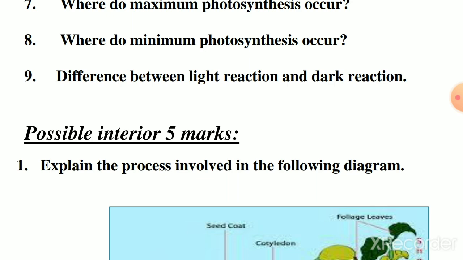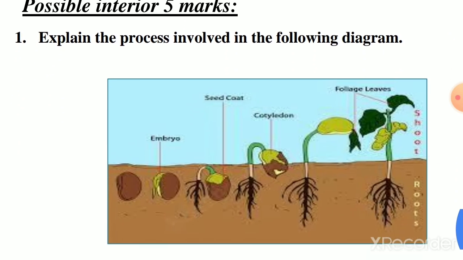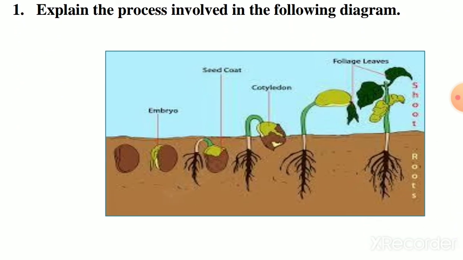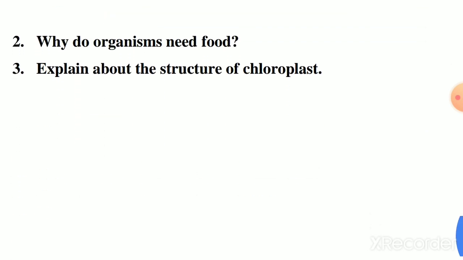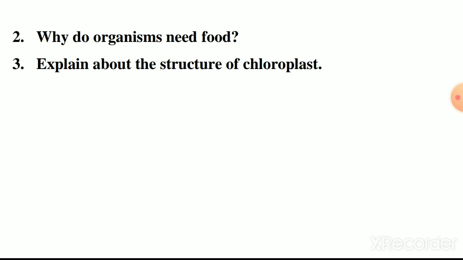Possible interior 5 mark questions. Explain the process involved in the following diagram. What is this diagram? It is seed germination, so about that you have to write for 5 marks. Why do organisms need food? To obtain energy, to obtain materials for growth, to obtain materials to repair damaged body parts, and to carry out life processes.